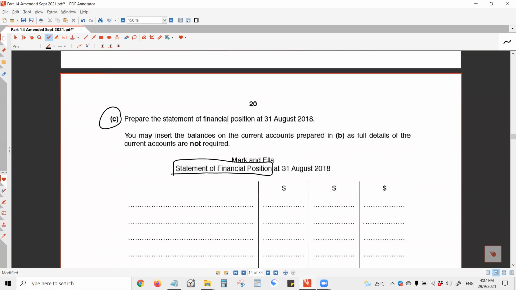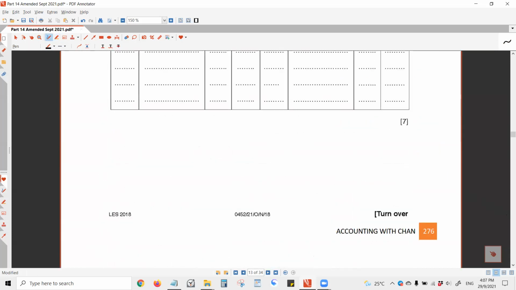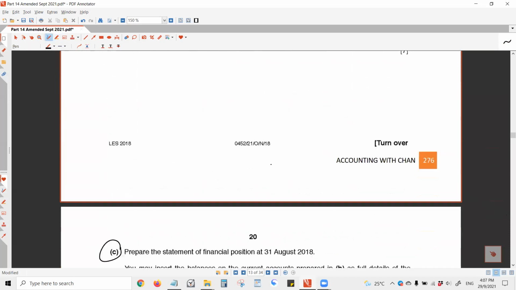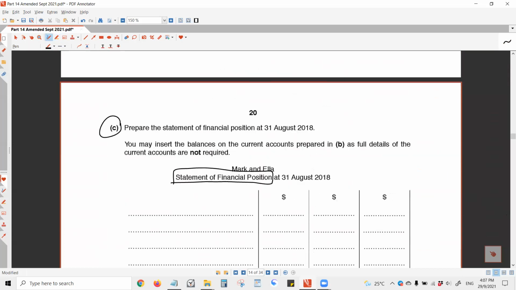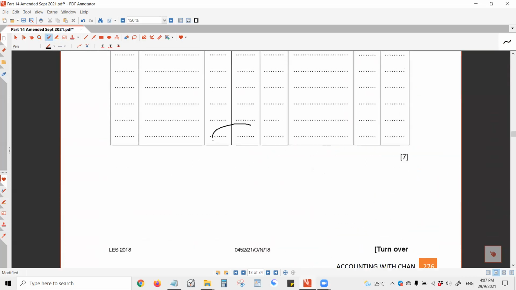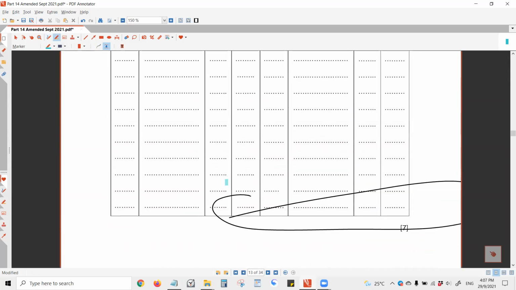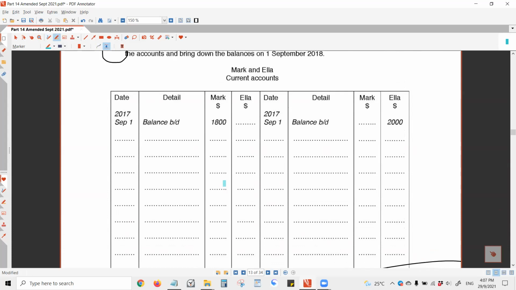Look at the previous pages. See whether you have prepared the T-shaped current account or not. Yes, you are asked to prepare the T-shaped current account in part B. It means that when you do the SOFP, you just have to bring the balances from here into the SOFP. You can also see the exam requirement here. Full details of current accounts are not required. Why not required? Because you have done it in a T-shaped form. Get the idea, yeah?